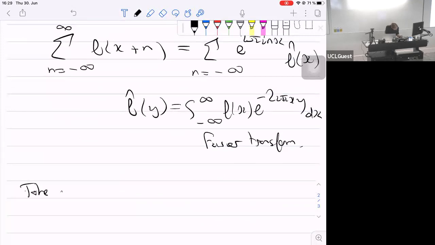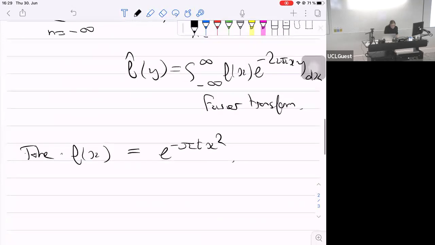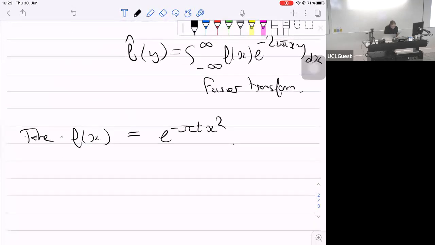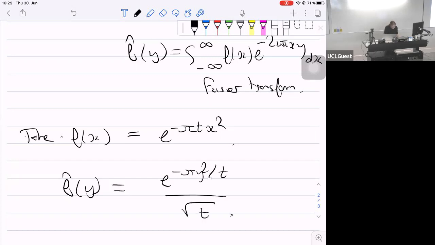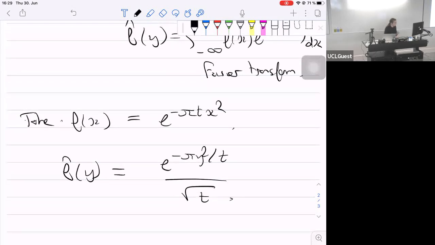So I'm going to take f of x to be the function e to the minus pi t x squared, and you can very directly do the calculation and check that the Fourier transform of that is given as e to the minus pi y squared over t over square root of t. So there's probably no point going through the details of that.